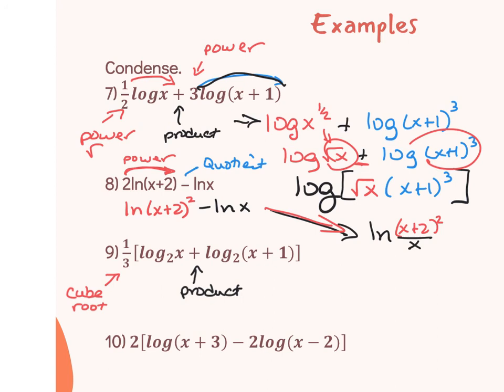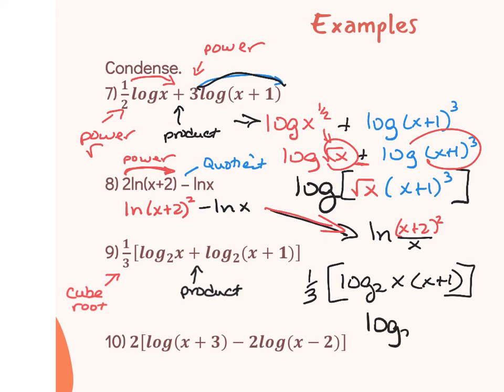And that's it. So let's go ahead and we can condense down what's in the brackets first. So I could get log base 2 of x times x plus 1. And I still have the 1/3 out front. And now I could put this back as an exponent.